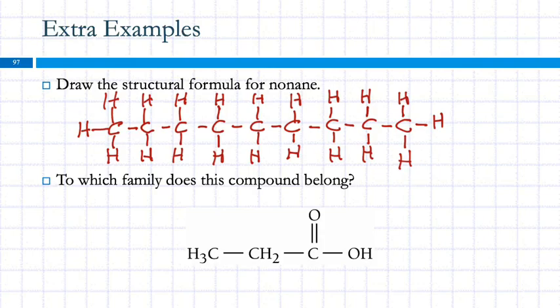It's the ane. The ane tells me it's a hydrocarbon with single bonds. If it was one of the things with a functional group, its name would be something else. And you don't have to draw any of those, just the hydrocarbons. But we should be able to answer this next question: to which family does this compound belong?